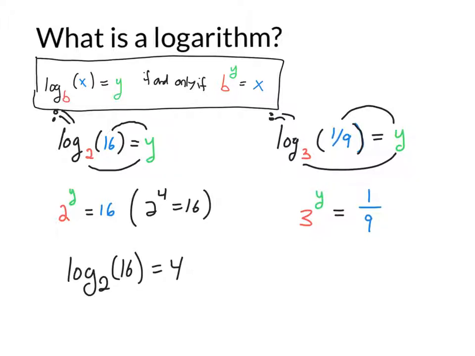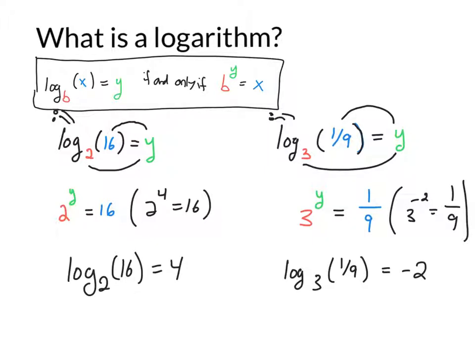And so I know that 3 to the negative 2 is equal to 1 over 9. So 3 to the negative 2 gives me an output of 1/9. And so log base 3 of 1 over 9 is equal to negative 2.